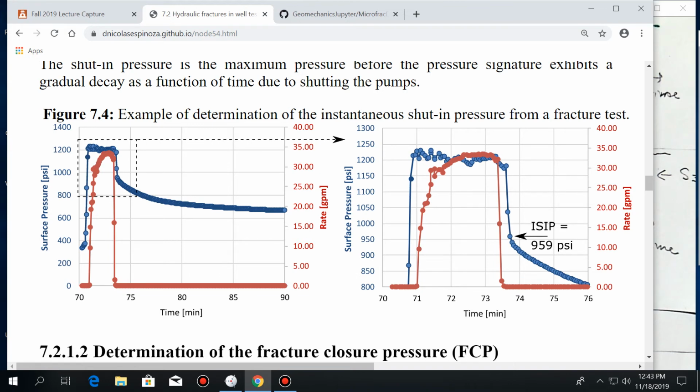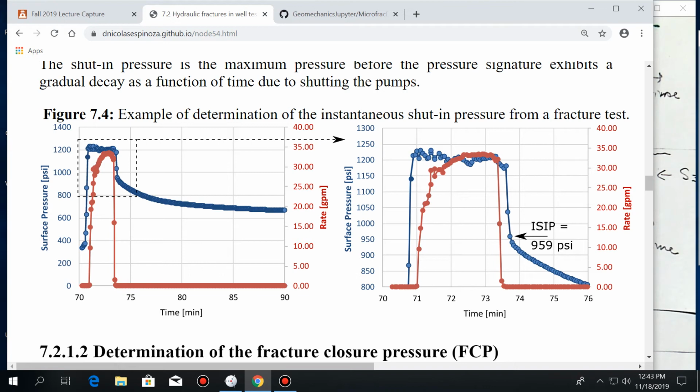We have injection rate here in red and surface pressure in blue. If you zoom in on this data, here again we have injection rate in red and surface pressure in blue. We see in this particular case that as the injection rate was increased, it reached a maximum, and then the pressure didn't change much.